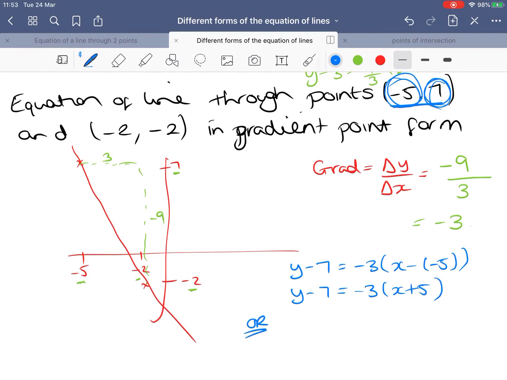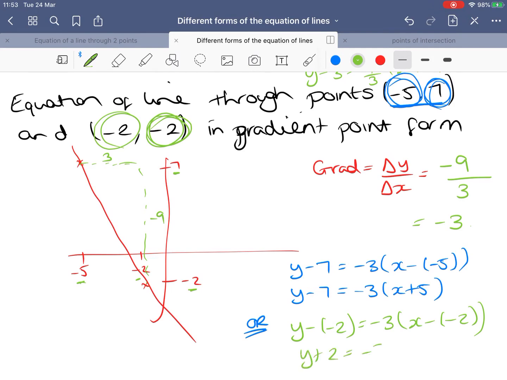Or I could use the other point, and in that case, I'd write y minus 2, because the y part is 2, is equal to the gradient times x minus, -2, because again, the x part of the coordinate is -2. Tidy it up: y minus 2 equals the gradient times (x plus 2).